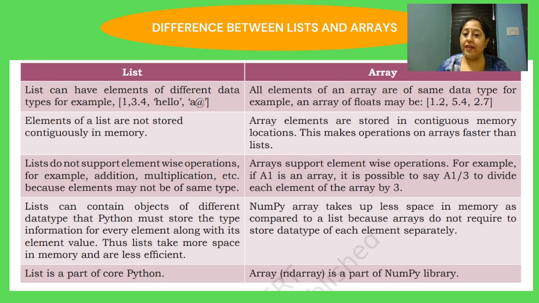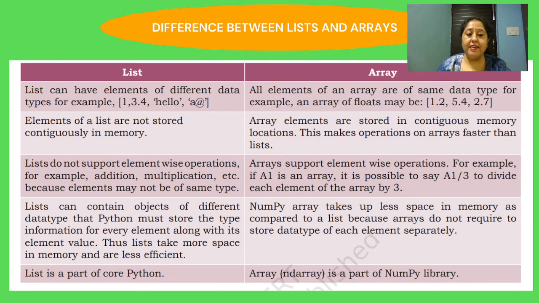Whereas in the case of arrays, element-wise operations are possible. For example, if A1 is an array, then it is possible to say A1 by 3 means that we will divide each element of the array by 3.